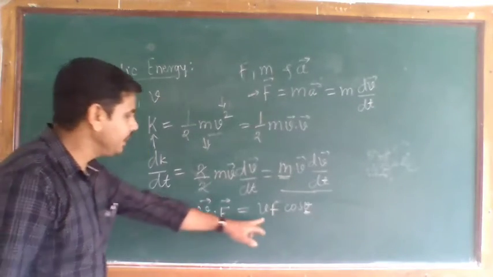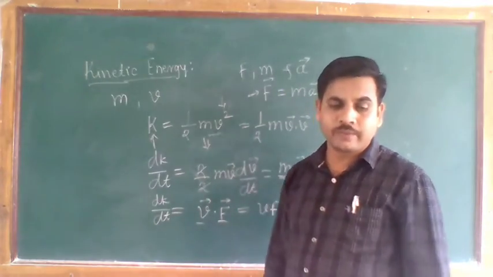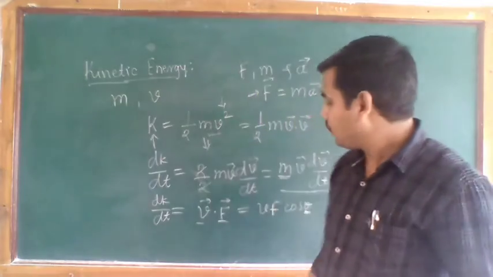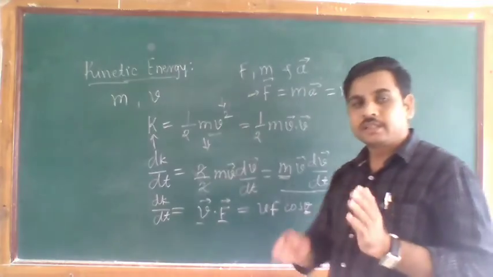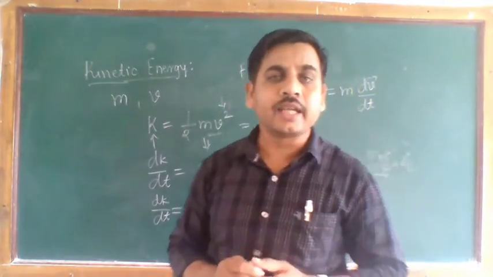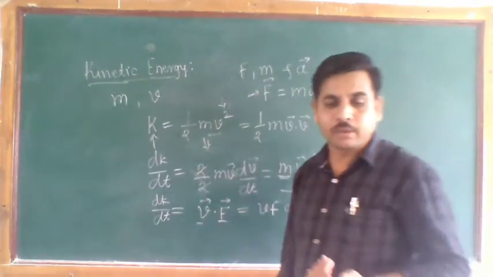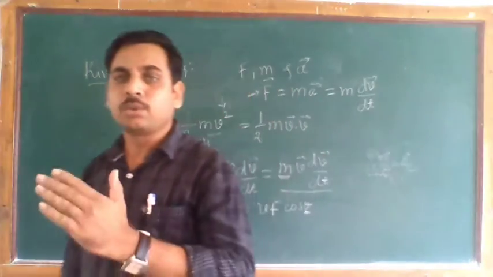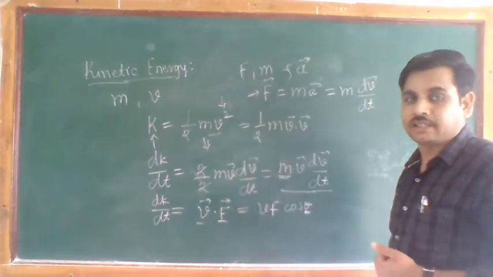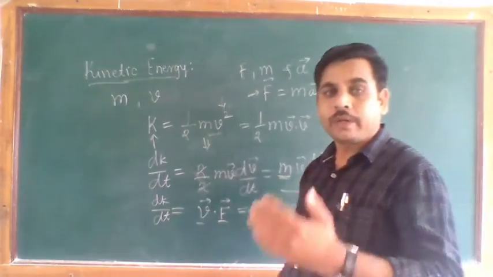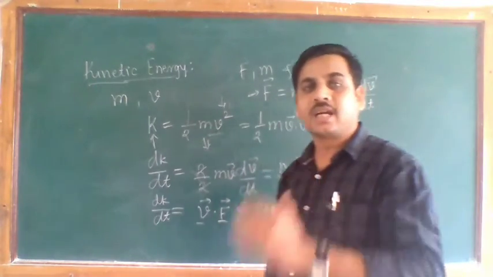From this equation, dK by dt equals vF cos theta, you can see that the kinetic energy of the body changes if the speed changes. This happens when the force acting on the particle has a tangential component.